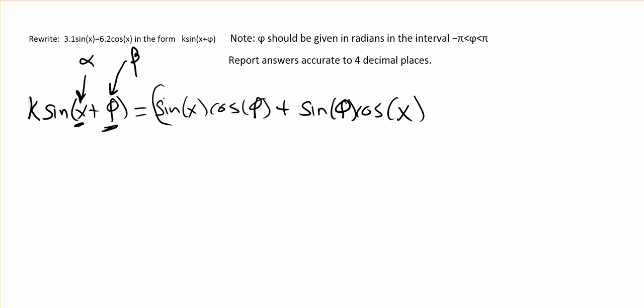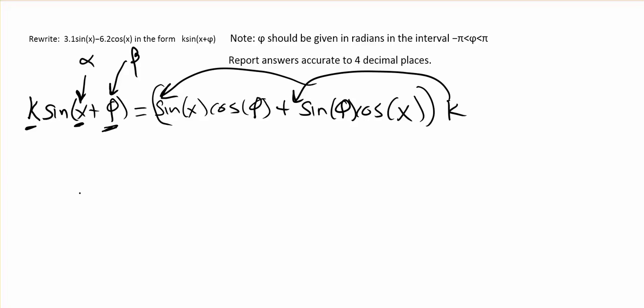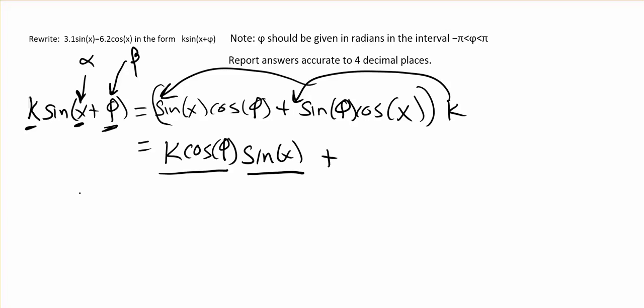And because we have a k on the outside, we need to multiply all of this by k, and we will distribute that through and get k cosine phi. So I'm rearranging this so I have coefficients: k cosine phi times sine of x, plus k sine phi times cosine of x.